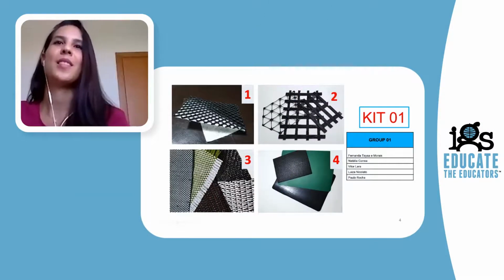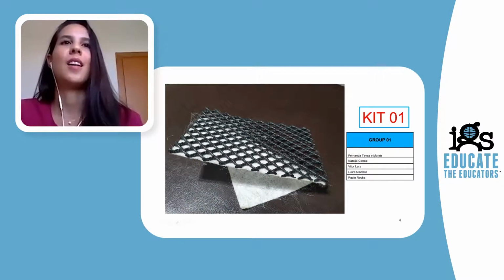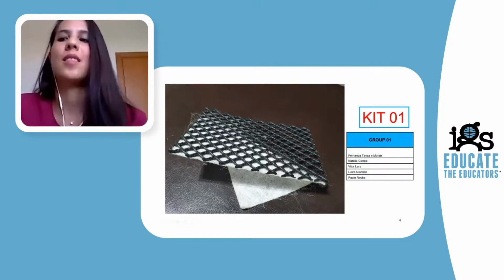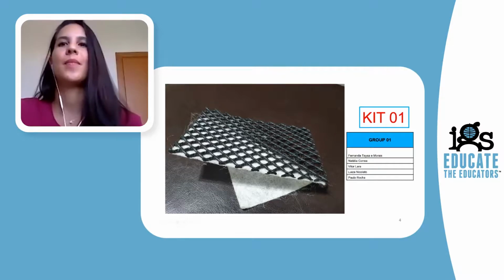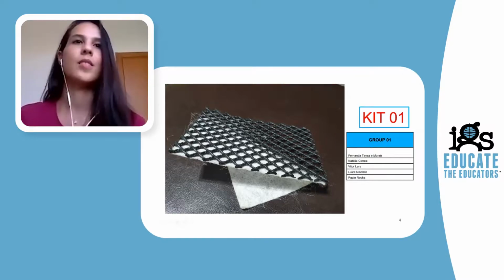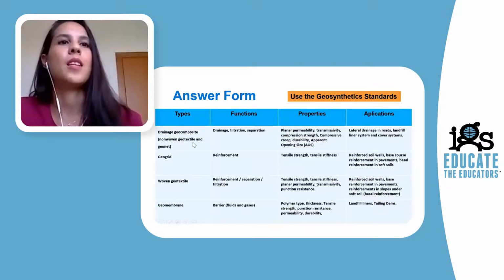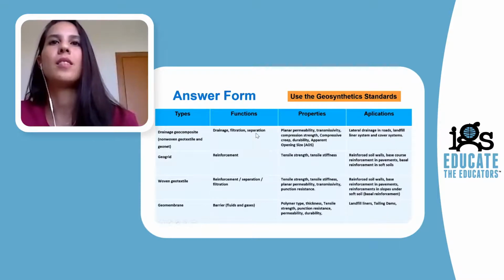Okay, so we received kit number 1, and the first geosynthetic is this one in the picture. We decided that this material is a drainage geocomposite. It's made of a non-woven geotextile and a geonet, and the functions: drainage, filtration, and separation.